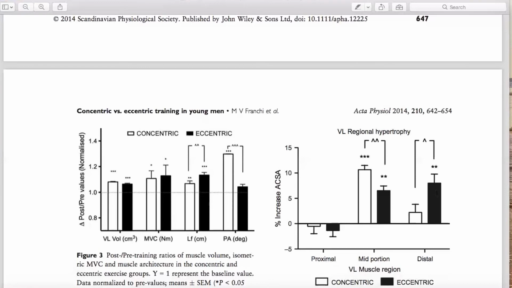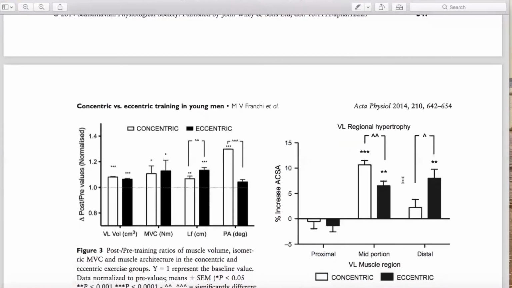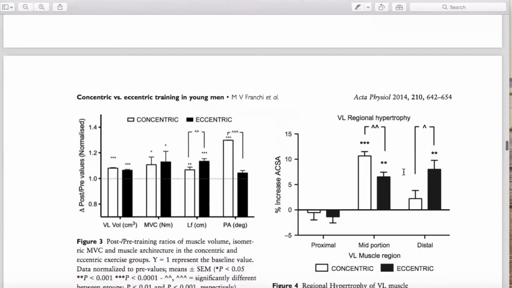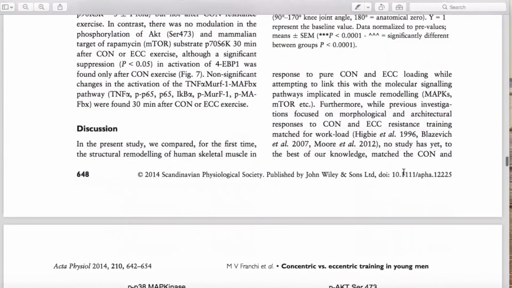It looks like, because of the regional hypertrophy that is occurring, we should potentially look for different regional architectural adaptations in different sides of the muscle. Nonetheless, a rather interesting result, I would say.